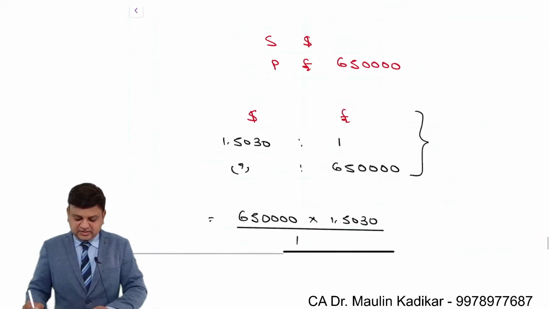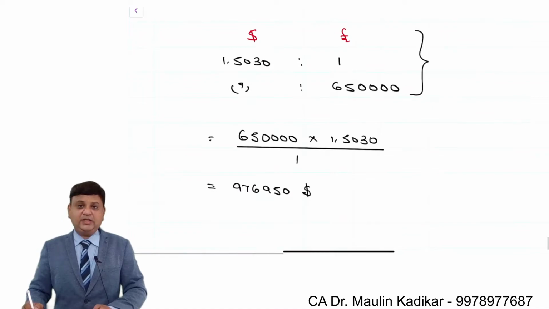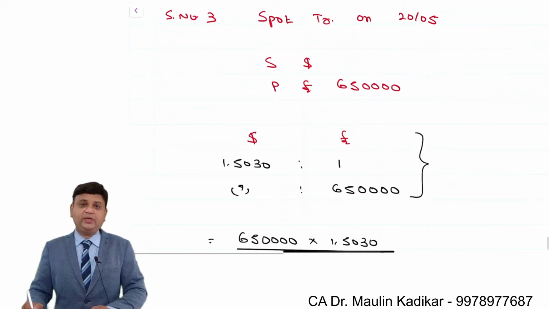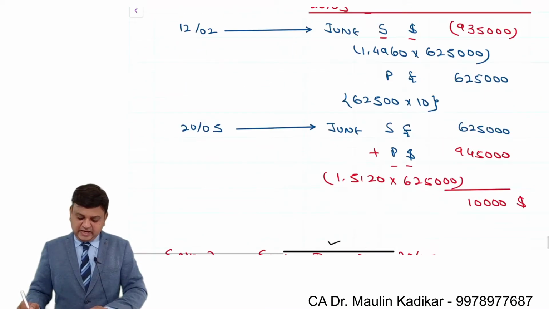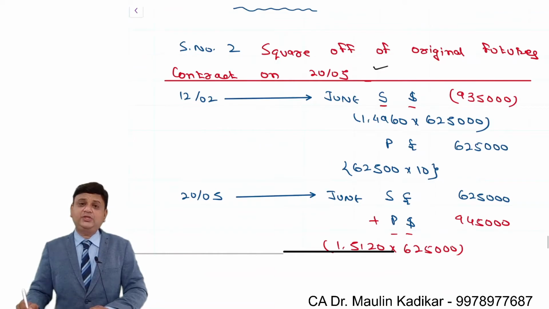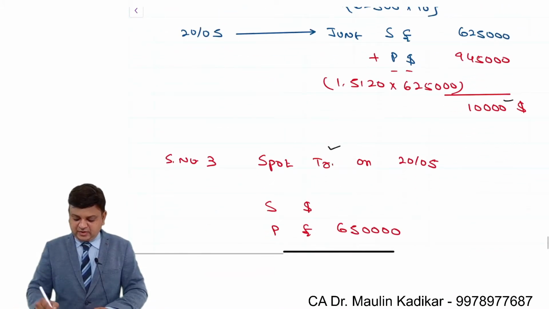So we understand that this is the amount of dollar that you have to sell to purchase the pound. On which date? It is on 20th of May. So on 20th of May, two transactions are entered upon. One is purchasing of the pound from the spot market, and another is the square off of the original futures contract. We can see that there is a profit that you have been able to make.